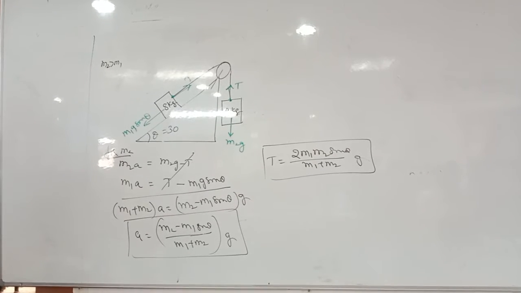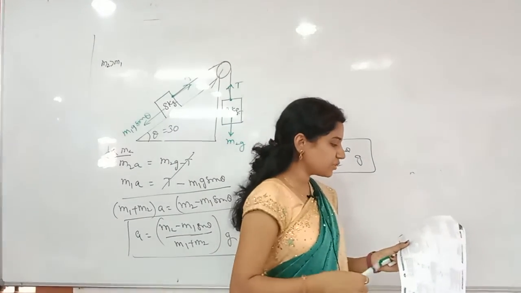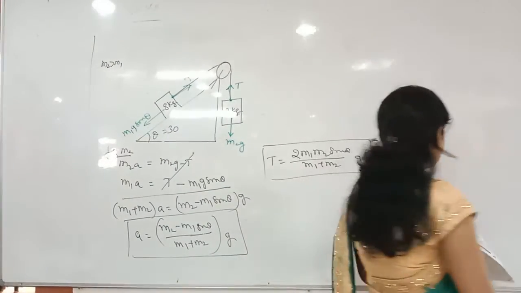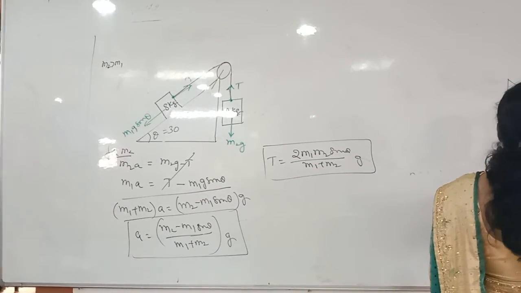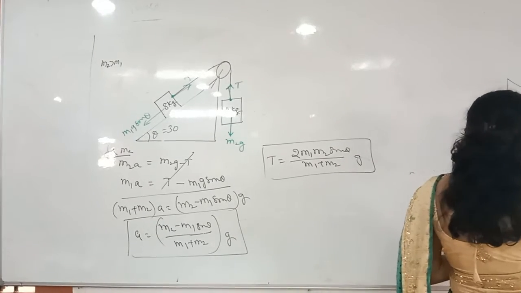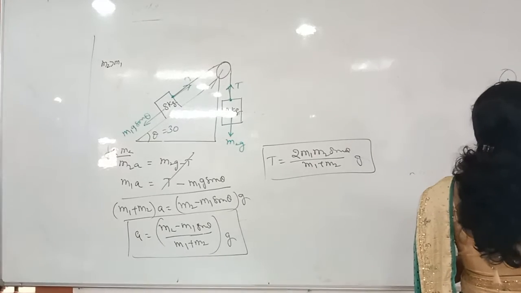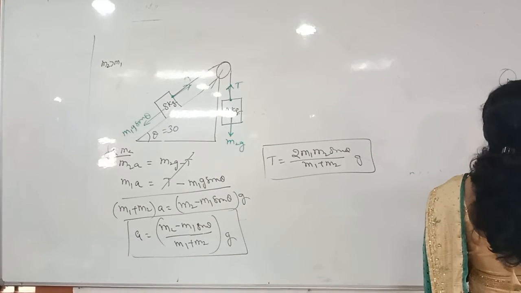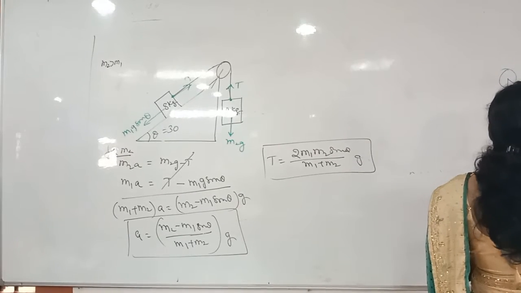Right. Next one. If m1 is equal to 10 kg and m2 is equal to 4 kg, m1 is 10, m2 is 4 and m3 is 2. Then find the acceleration of the system.